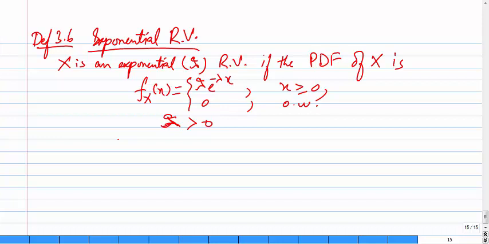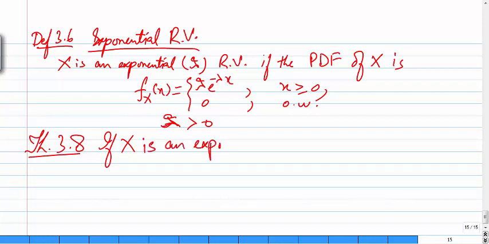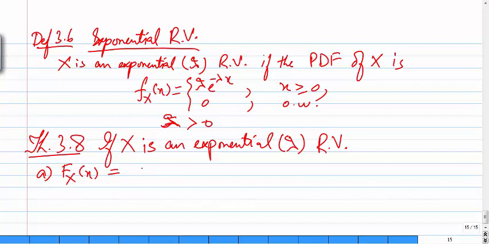Next, there's Theorem 3.8. It says if X is an exponential lambda random variable, then A, F_X(x) is equal to 1 minus e to the power minus lambda x for x greater than or equal to 0, and 0 otherwise.